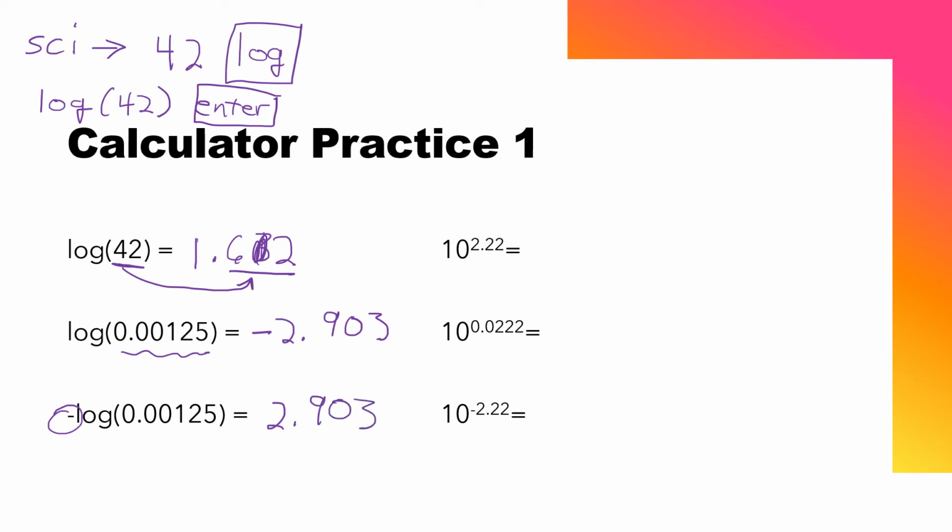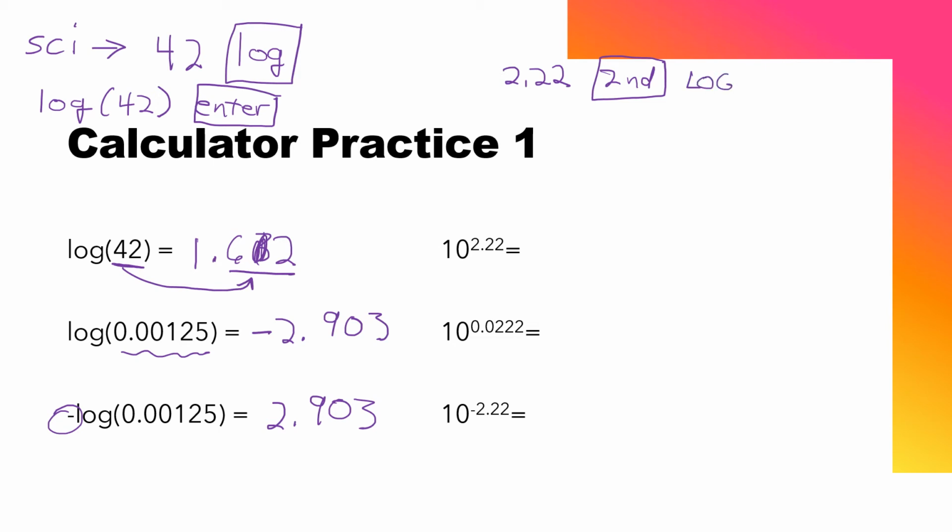Over on the other side, going in the opposite direction, we have 10 to the x. And so with 10 to the x, we're looking at the second function on that key. So what I would do on my basic scientific calculator is show the 2.22 first, and then hit the second function button, which on this particular calculator is green, and then hit the log button to get the green 10 to the x.